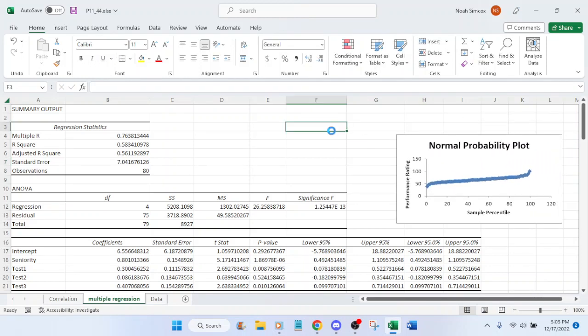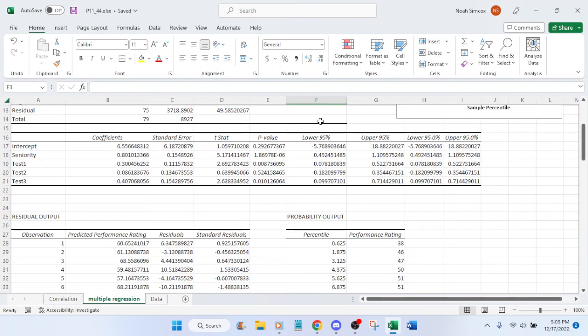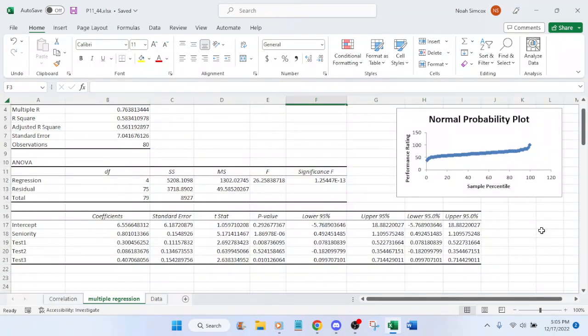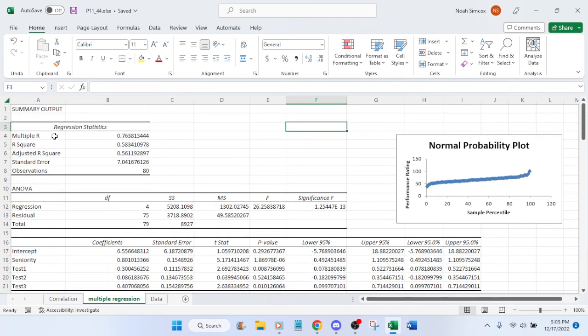Wow. So we have p-values listed. Test 2 seems to not have a high impact on it. Significance, r squared, multiple r.